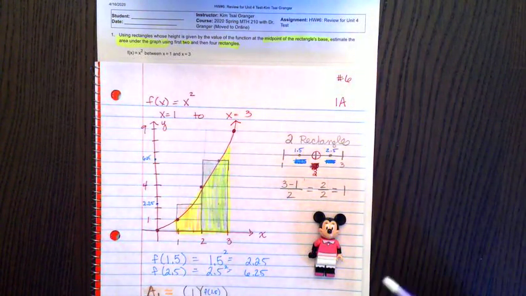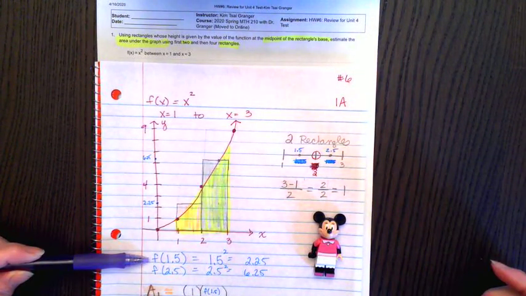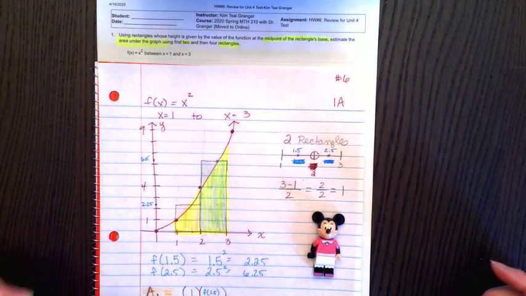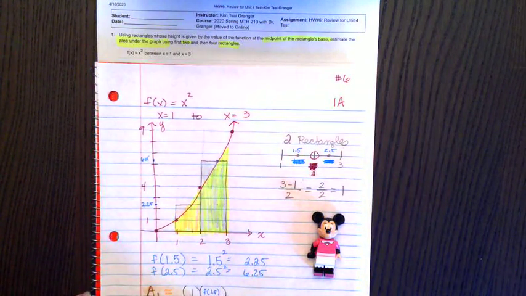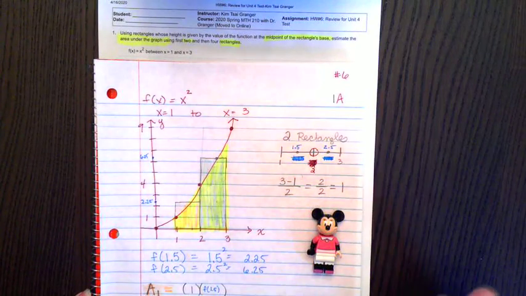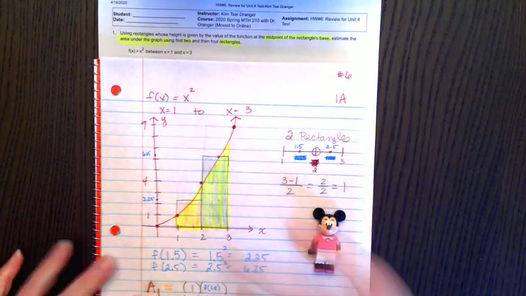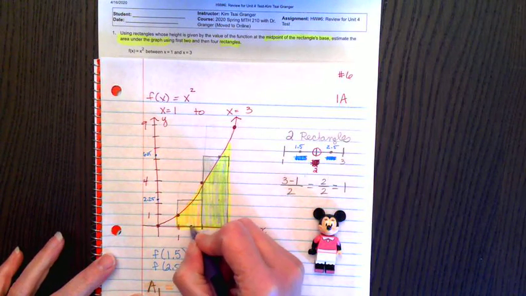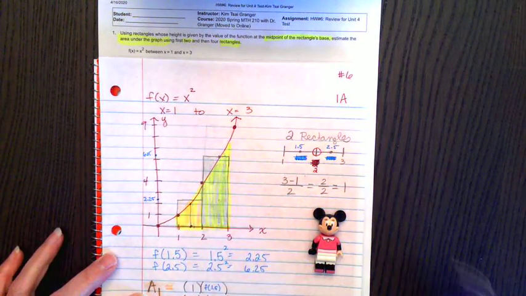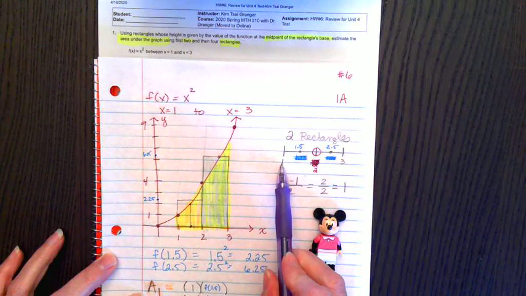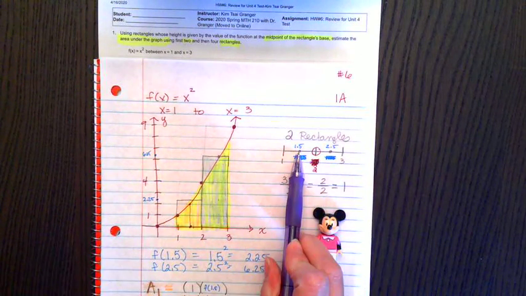She would find the easiest way to get the height of each rectangle, and then multiply that height times the width. So the height is going to be the value of the function at this point right in the middle of each rectangle.